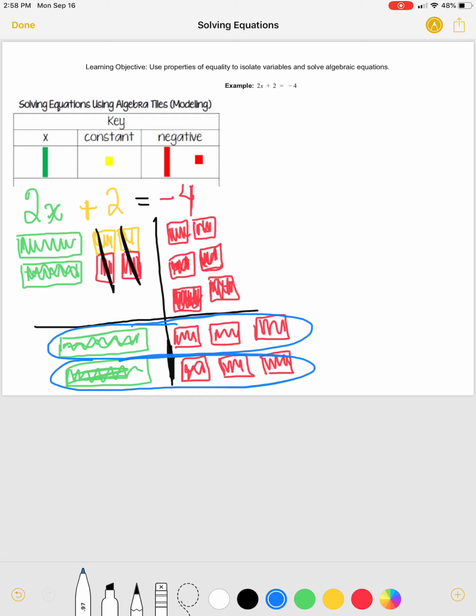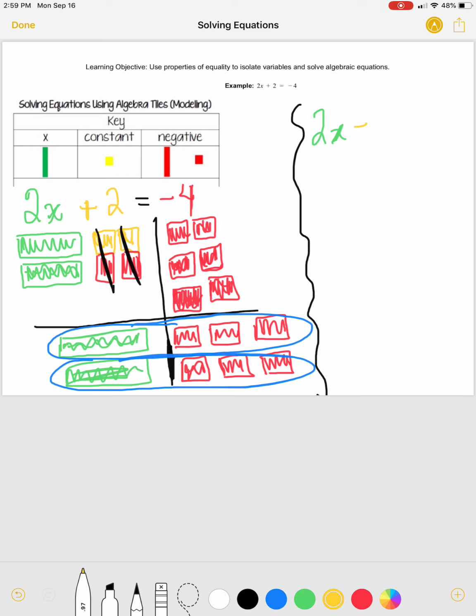I have isolated my x terms. Now, if I look on this side, I'm going to be doing the exact same thing, but I'm going to do it algebraically without the algebra tiles. Now, I still like to write the equation in my colors so that I can see that same representation.